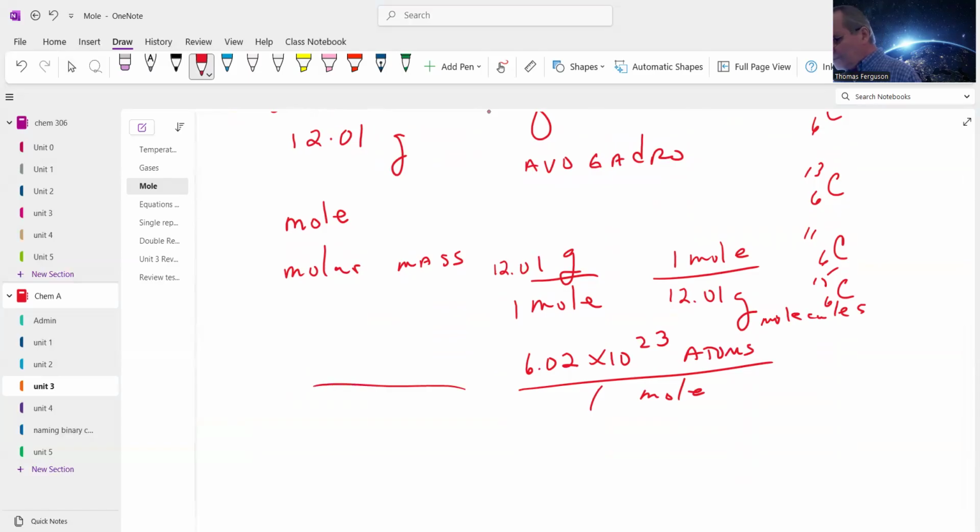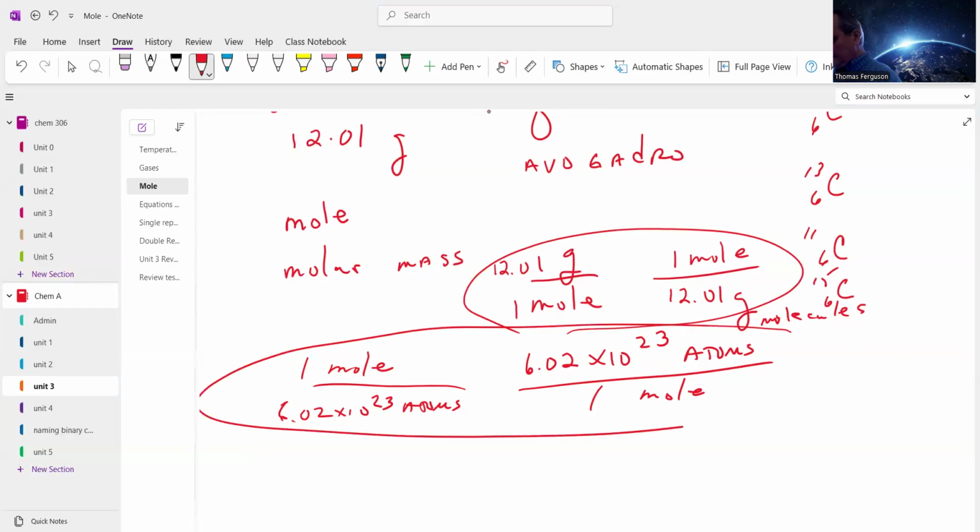And then the inverse is true also. Know those. It doesn't matter what chemical we're talking about.